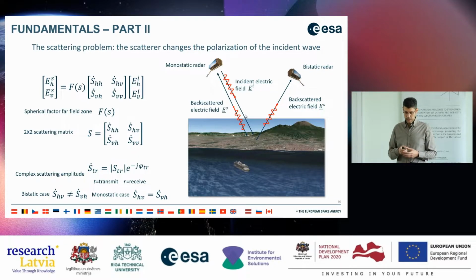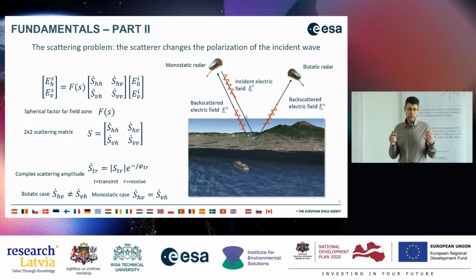And this transformation is given by the so-called scattering matrix, S. In the case of linear polarization, you transmit horizontal H and receive H, transmit H and receive V, transmit V and receive H, transmit V and receive V. So you have the four combinations. These are represented in the so-called scattering matrix.